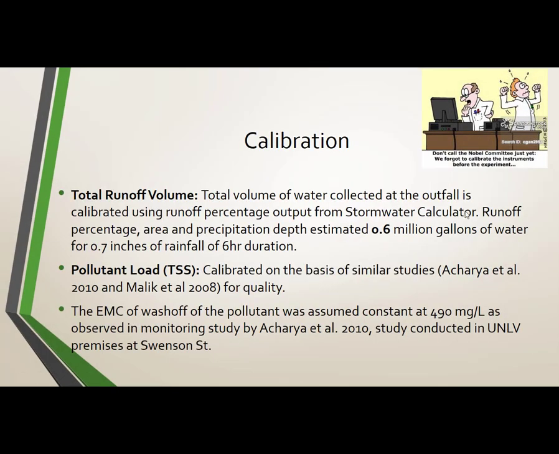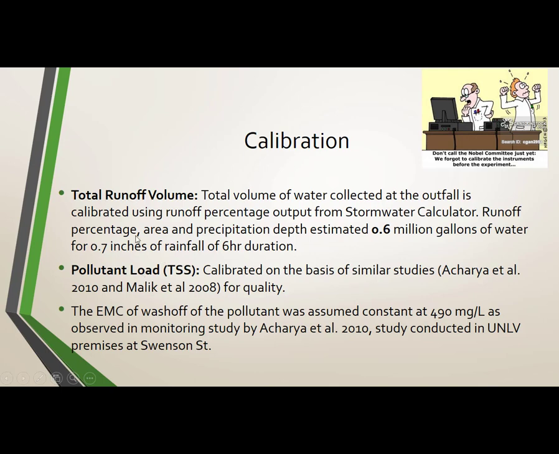Let's go to the calibration part of the model, and we are calibrating the total runoff volume at the outfall based upon the runoff percentage that we obtain from the stormwater calculator, and we are using the precipitation depth times the area times the runoff percentage, and then we estimated that 0.6 million gallons of water has to be collected if the model is working well, for the 0.7 inch of rainfall of 6-hour duration.